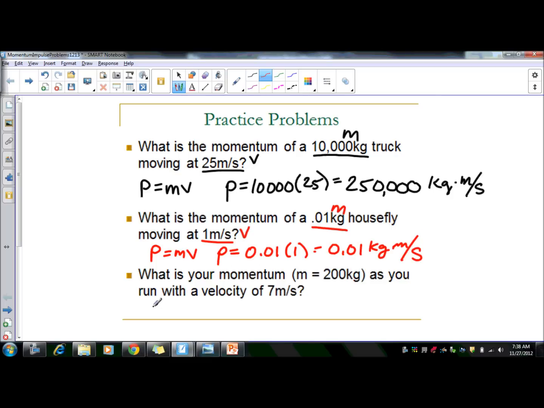And then what is your momentum? If your mass is 200 kilograms, so that's our M, you run with a velocity of 7 meters per second. So P equals 200 times 7, which gives you 1,400 kilogram meters per second.